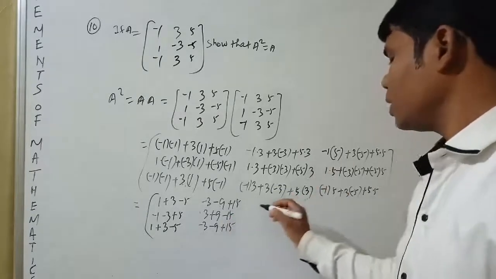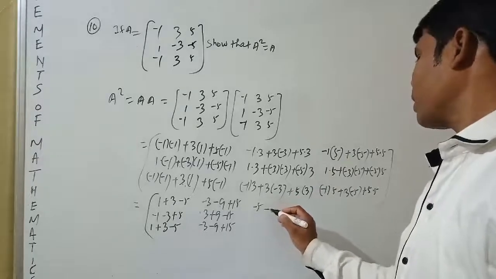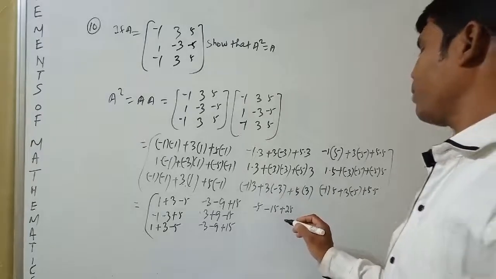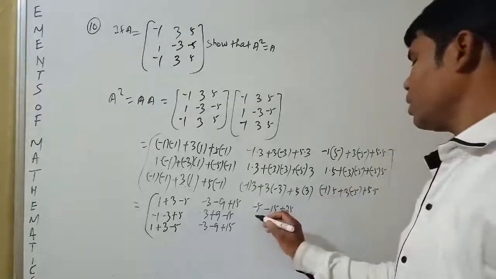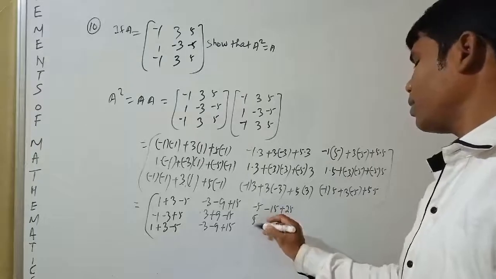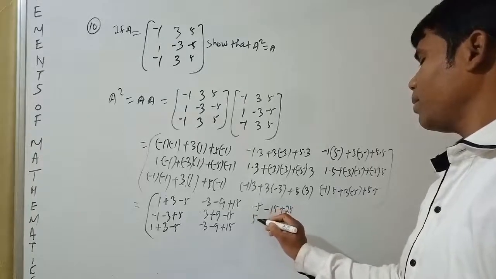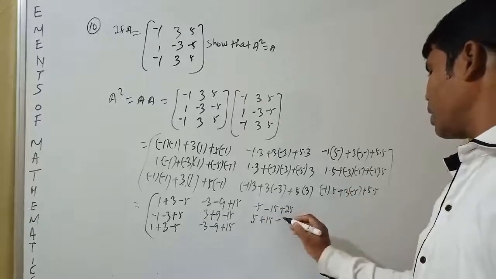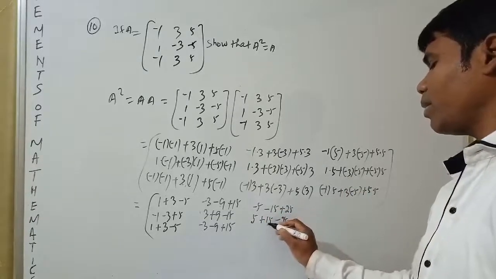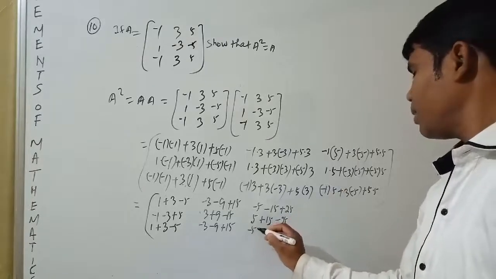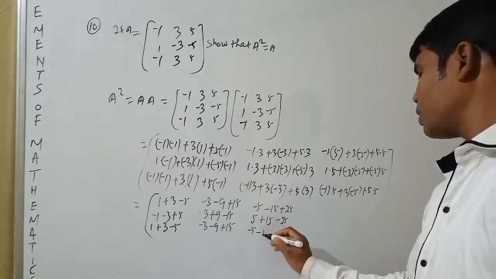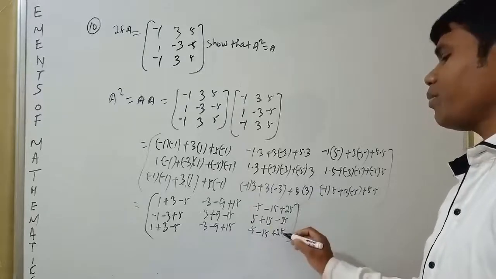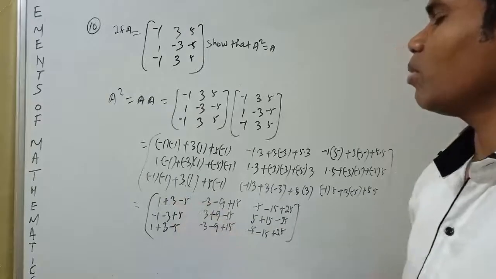Okay, here you see -5 minus 15 plus 25. Okay, here you see 5 plus 15 minus 25. Okay, here you see -5 minus 15 plus 25.